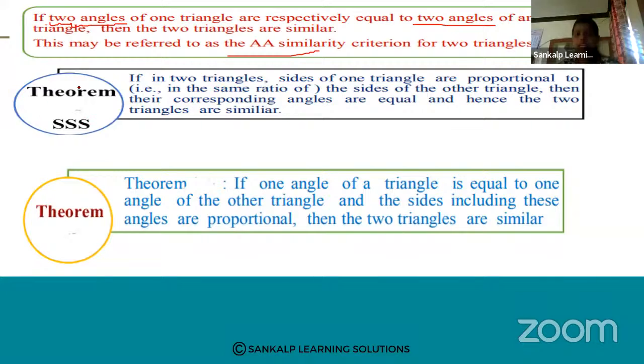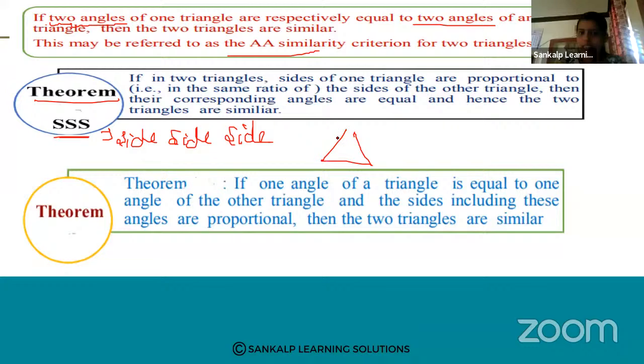Next theorem, that is SSS. SSS means what? Side, side, side property. If in two triangles, the sides of one triangle are proportional to the sides of the other triangle, that means here we are considering the sides of two triangles. So if I consider one triangle and another triangle, we consider the sides. The sides of the two triangles are proportional, or in the same ratio.